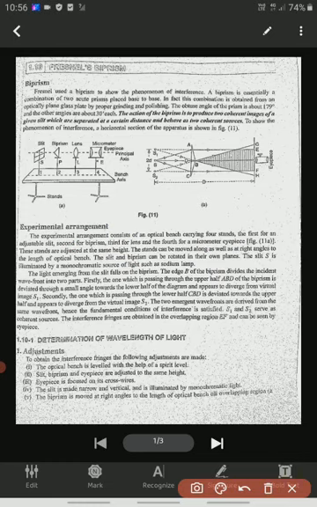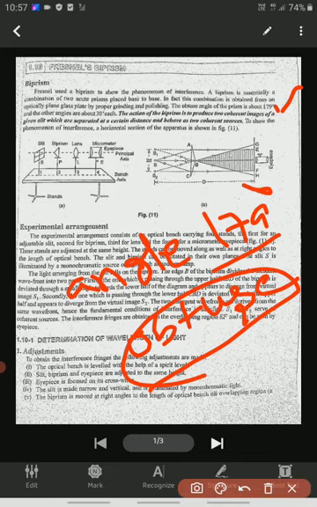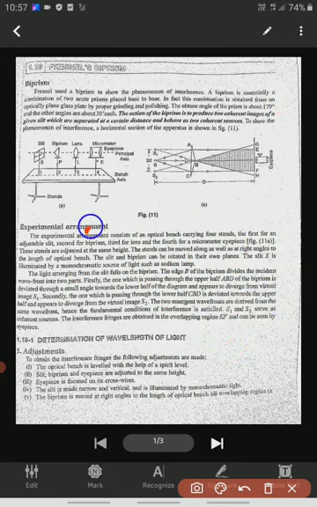Here we should remember another point: the angle of this biprism is nearly 179 degrees. Since this is above 90 degrees, it is called an obtuse angle, the obtuse angle of the biprism. On one side it is 179 degrees, and the other angle is 30 seconds.